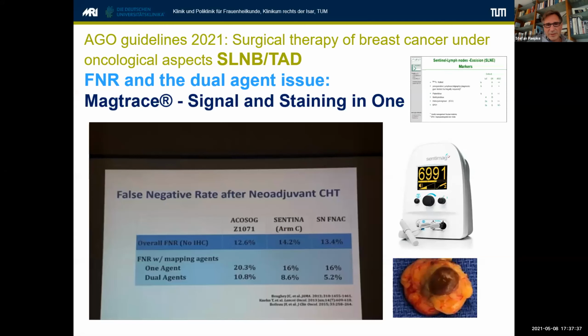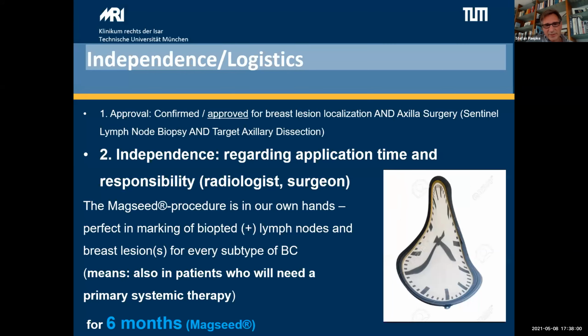So what we have seen is that it is a combination. That's what I said as I started with the lecture. If you have more or less signal and staining in one, it is a one-fits-all idea. What is behind the idea of dual agents? That it is independent of time. That's what I pointed out.